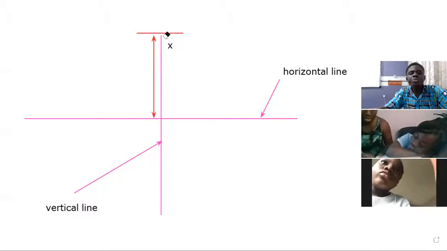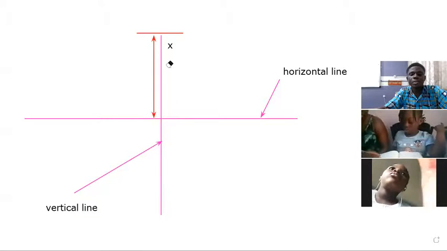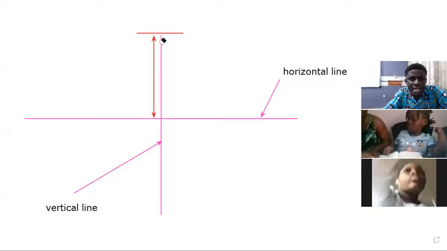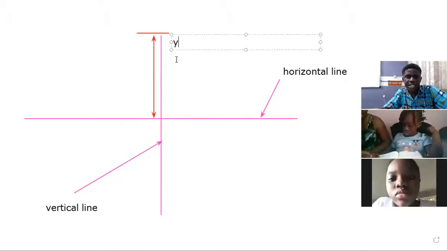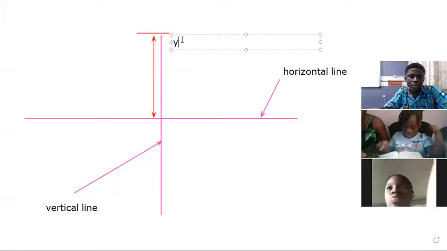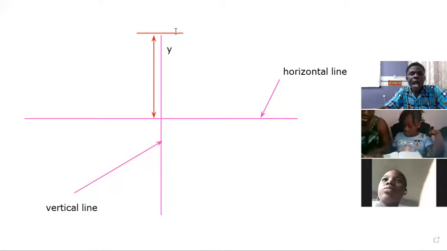We are going to call that part of our line X. No, let's call it Y instead. It shouldn't be X, it should be Y. So that part of our line is what we are calling Y.